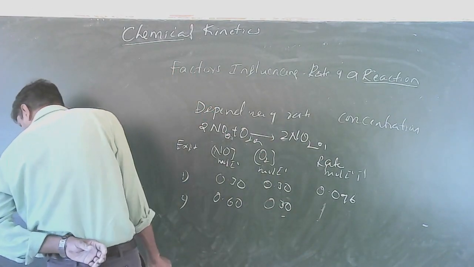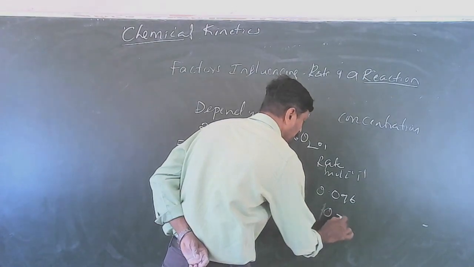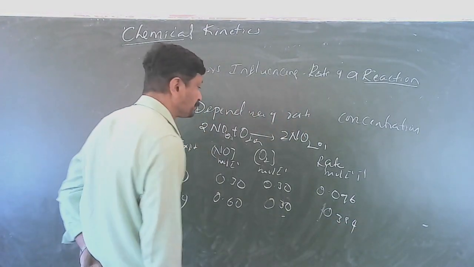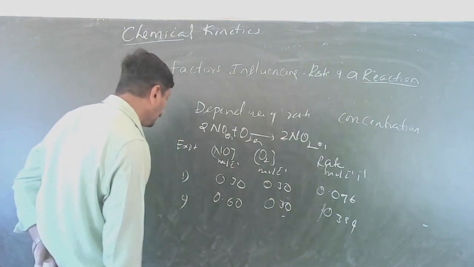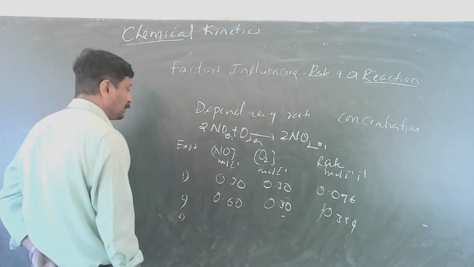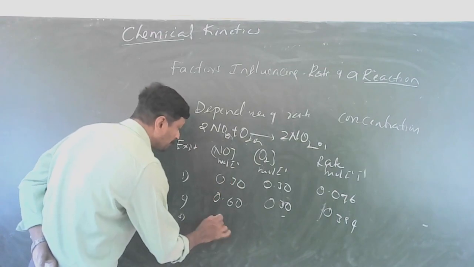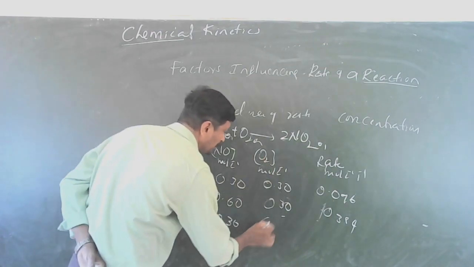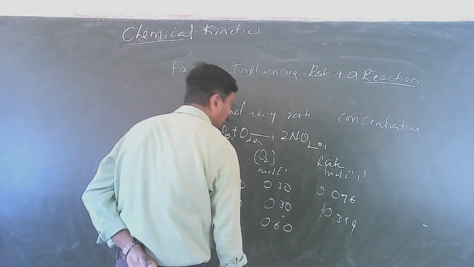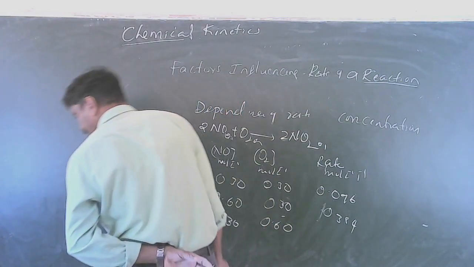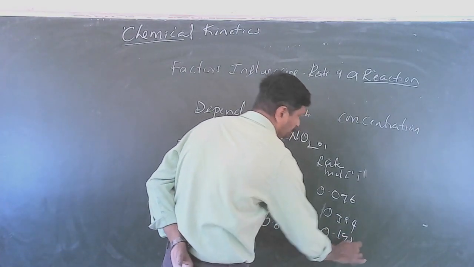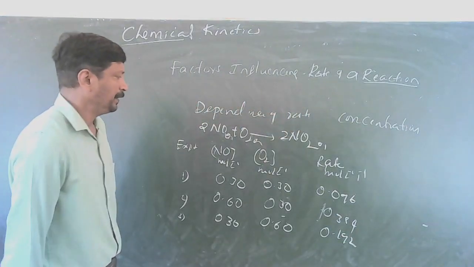The rate is going to be 0.384. In the third case, you keep the molar concentration of NO the same and double the concentration of O2. The rate is going to be 0.192.